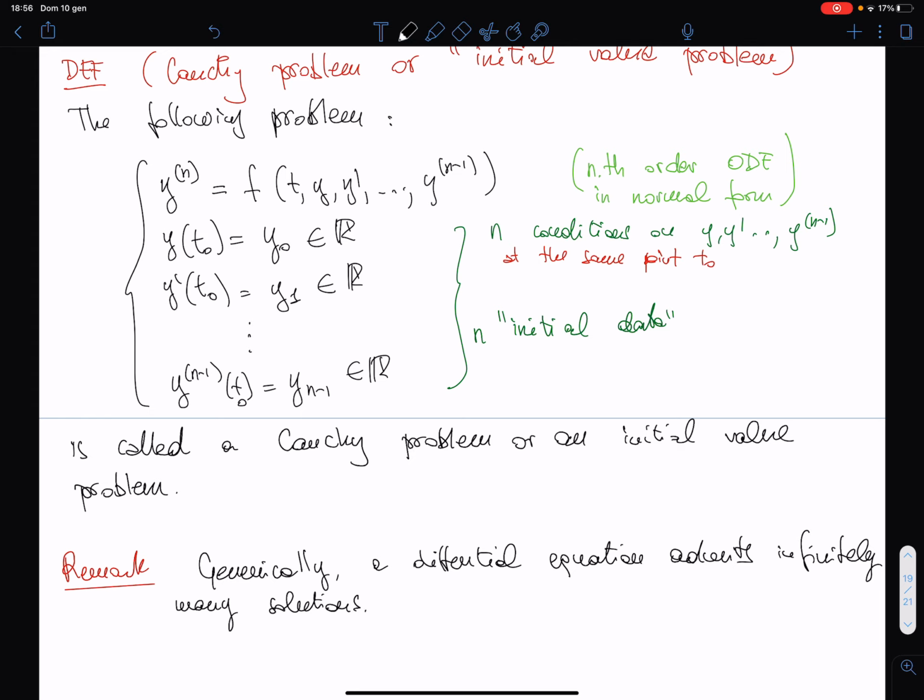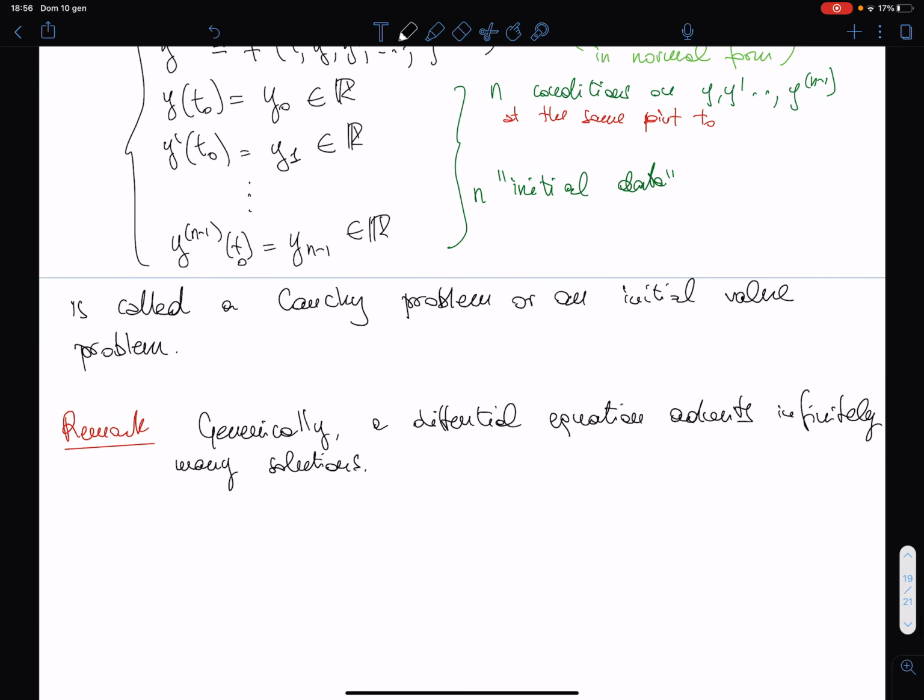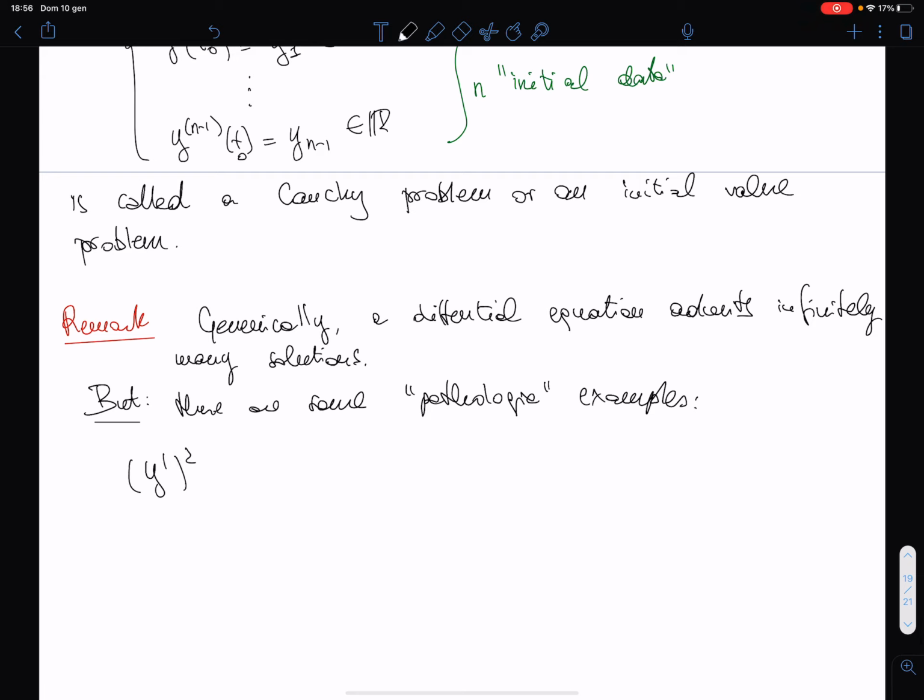Okay, a differential equation has infinitely many solutions, but there are some pathologic examples, like conservation of energy, y prime squared plus y squared is equal to 0, for instance.